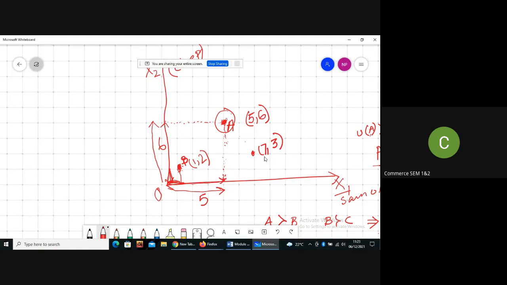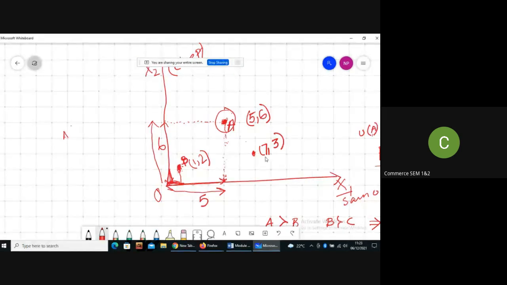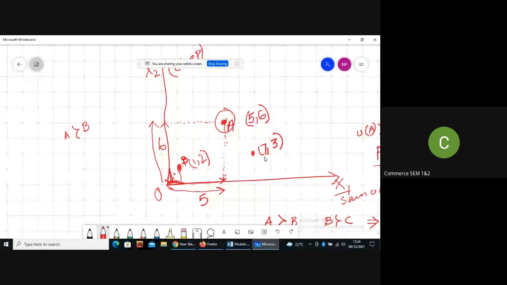So commodity bundle A will be preferred to commodity bundle B. Now take any point C here. B is preferred to commodity bundle C. Combining these two, commodity bundle A will be preferred to commodity bundle C.